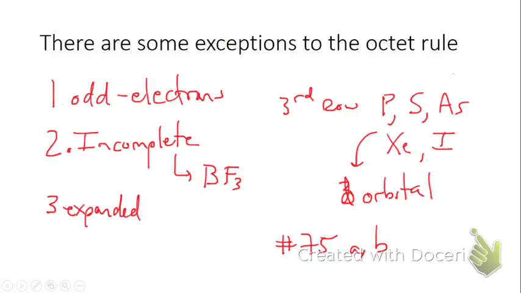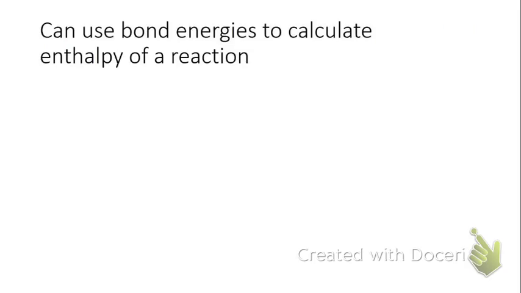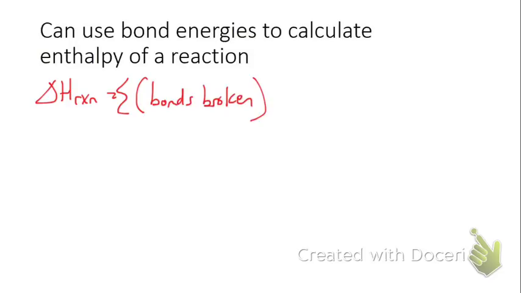The last thing we're going to cover, and I apologize for the length of this video, but the last thing we're going to cover is bond energy. So there's one other way that we can calculate delta H of the reaction. And that is the sum of the bonds broken, since now we're going to look at how things are actually formed and made, plus the sum of the bonds formed.